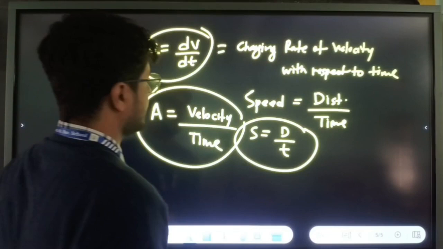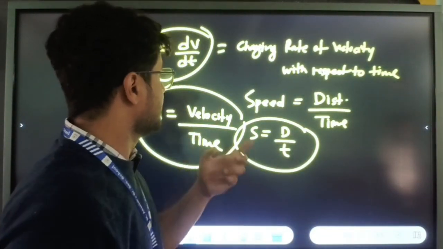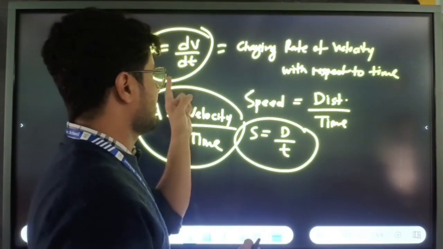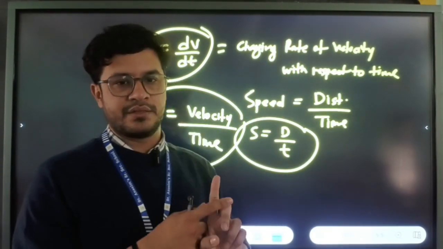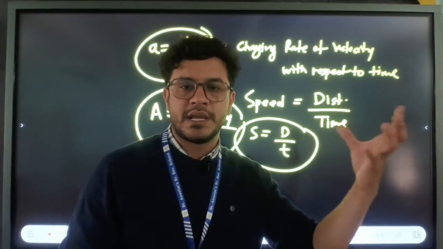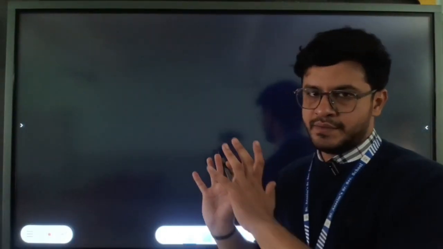So it depends. If we increase our acceleration, then velocity increases with respect to time. If we decrease the velocity, then acceleration also decreases. So it depends on the changing rate. It can be positive or it can be negative. All right, so we can understand with these examples.